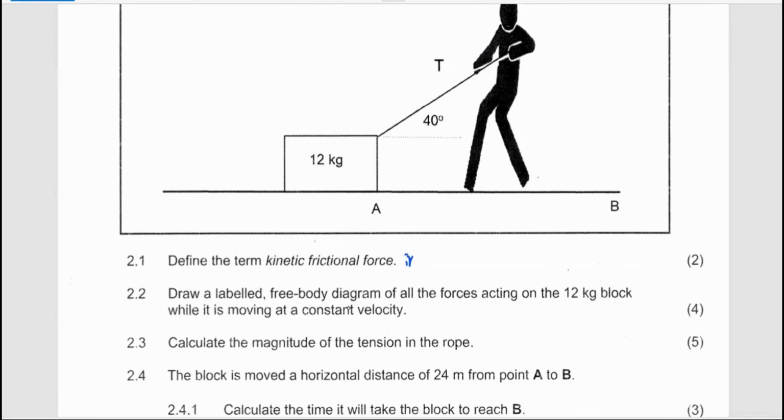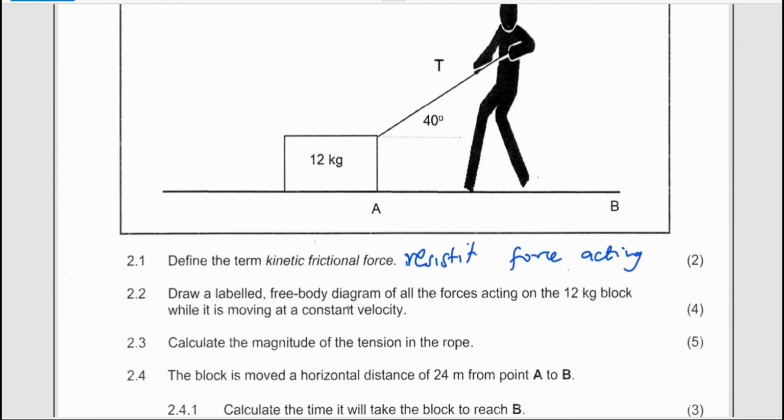So we know that kinetic frictional force is just the resistive force that is acting between two surfaces in contact.